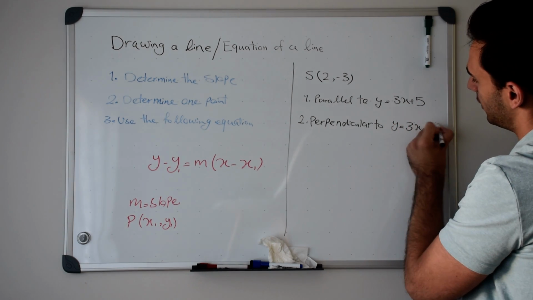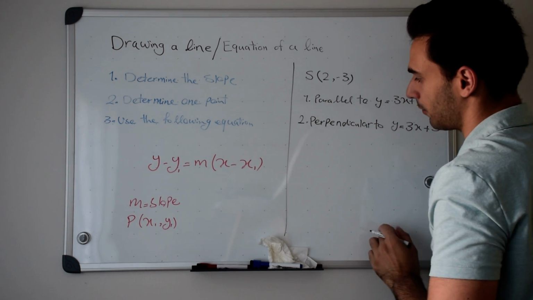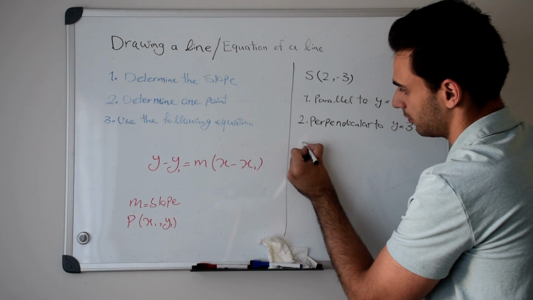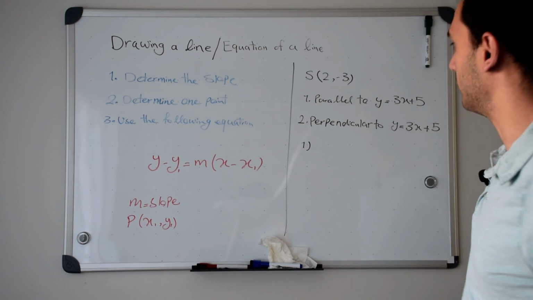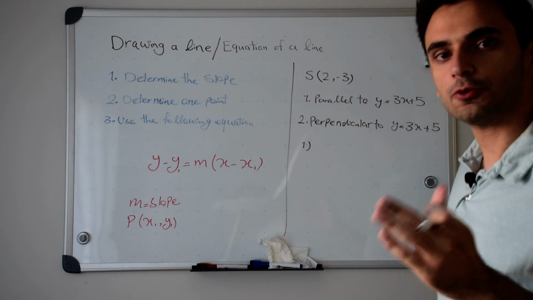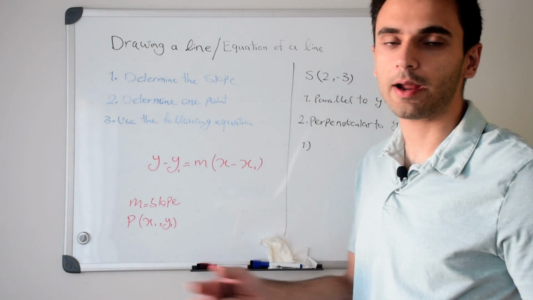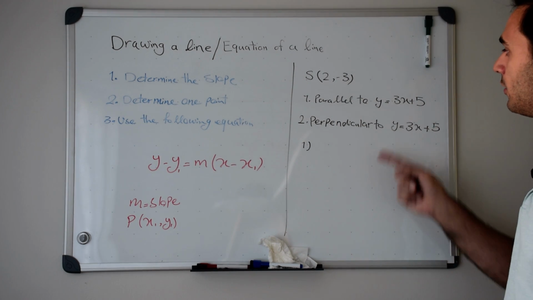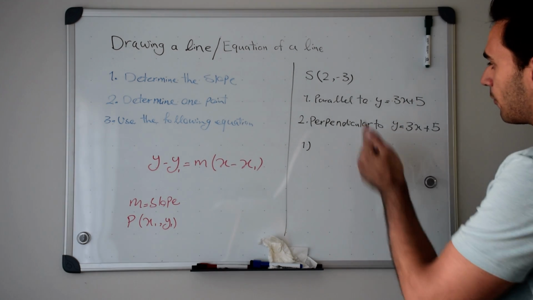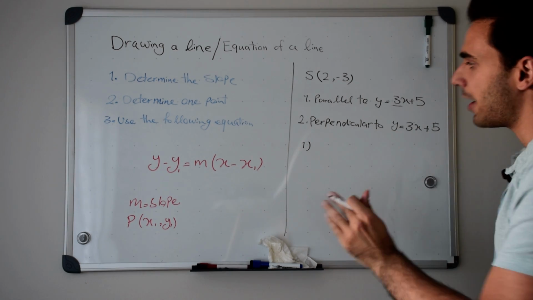Okay, so right now, to solve problem 1, I want it to be parallel to this line. And if you remember from the last video, I talked about parallel and perpendicular lines. When a line is parallel to another line, their slope is the same. And what is the slope here? The coefficient of the x.